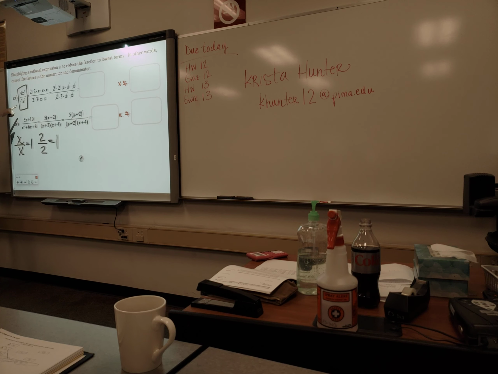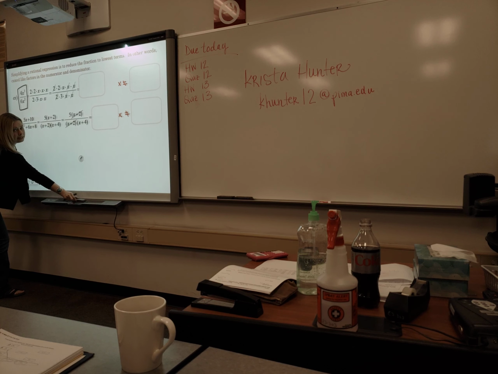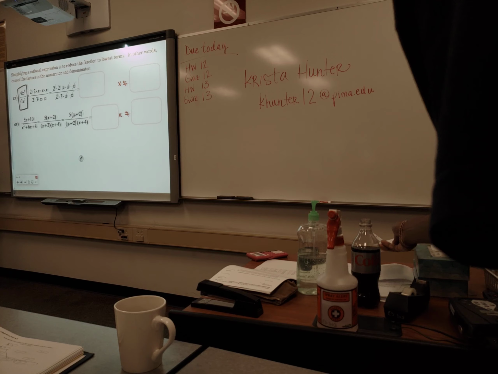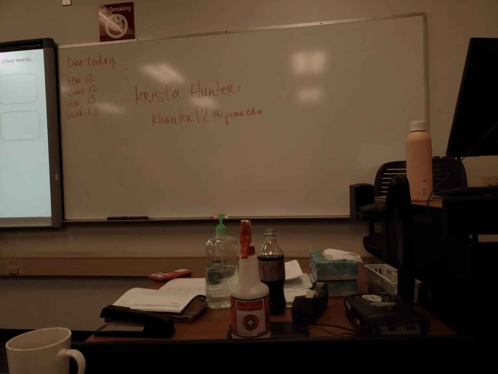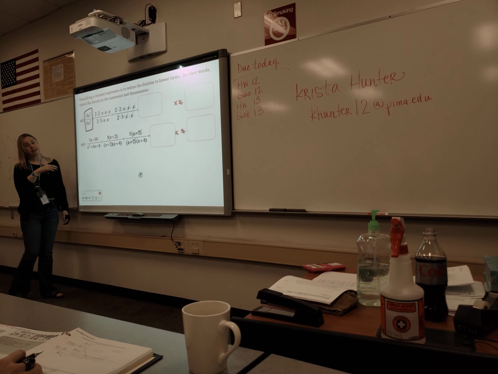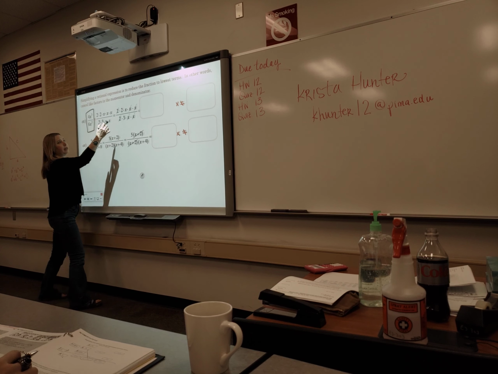So in this case, we've got 4x cubed, 4x to the third, up top, 6x squared down below. So we're going to see what we can cancel out of this, what we can divide out. What is identical on the top and the bottom? That's what we're going to simplify out. We're going to cancel out.